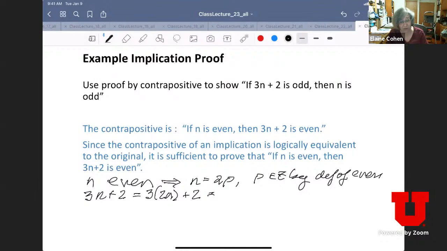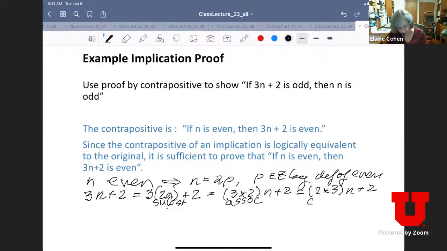Well, if we're justifying every step, that's equal to 3 times 2p + 2. And what is that? That's associative. And that's equal to 2 times 3p + 2. What's that?